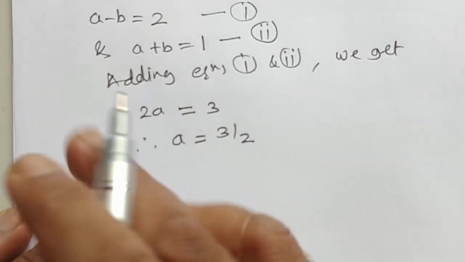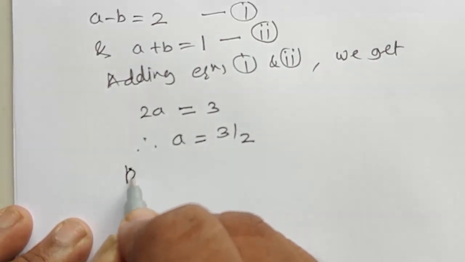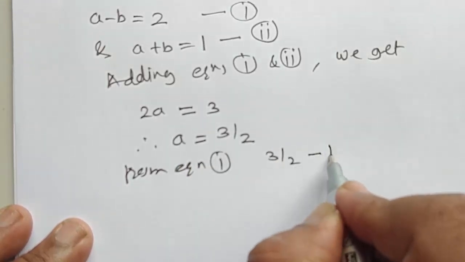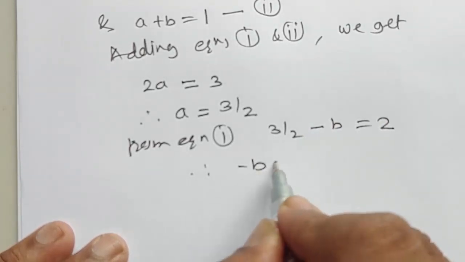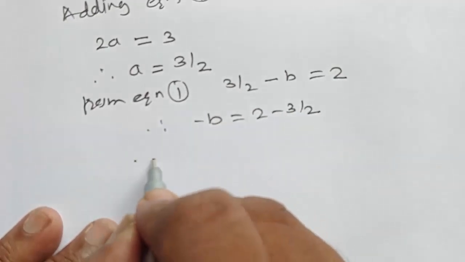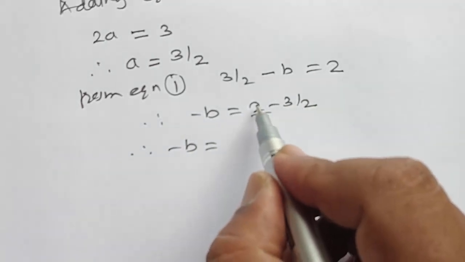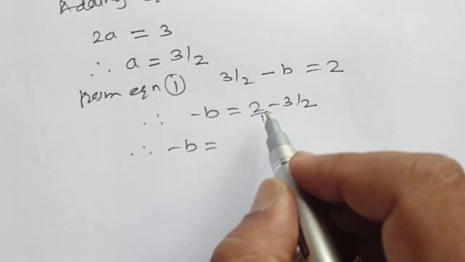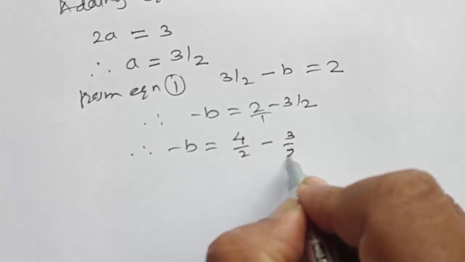Putting the value of a in any one of the equations so that we get the value of b. Therefore, from equation 1, a is 3 by 2, so 3 by 2 minus b is equal to 2. Therefore, minus b, taking 3 by 2 to the left hand side, is 2 minus 3 by 2. LCM is 2, here 2 is divided by 1, so we multiply by 2 to the numerator and denominator. So it becomes 4 upon 2 minus 3 by 2.